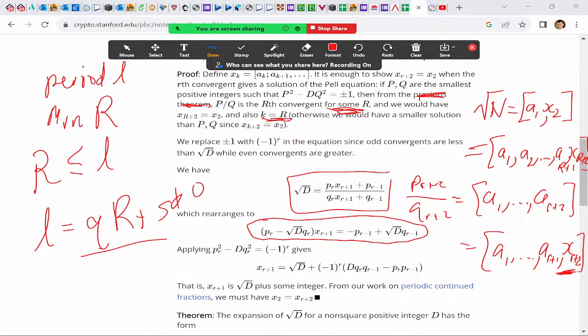I guess what they're trying to do is collect the X R plus 1. So you get P R minus Q R root D. Then you put the other stuff on the other side, so this is Q R minus 1 root D, and you minus P R minus 1. So this is correct, yes?